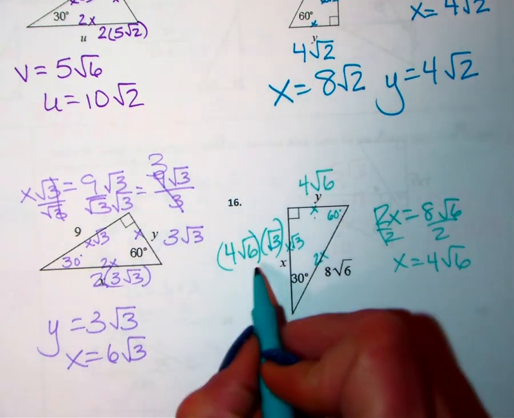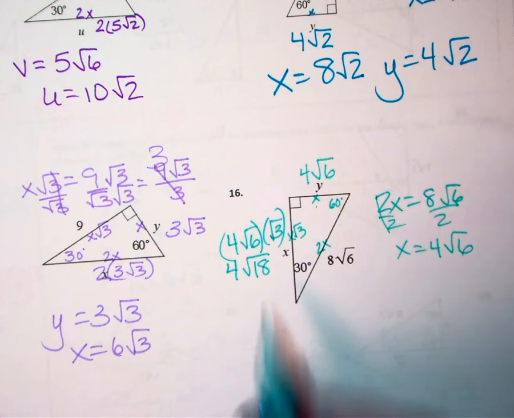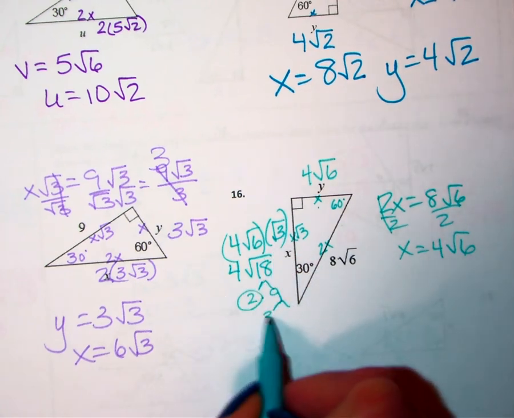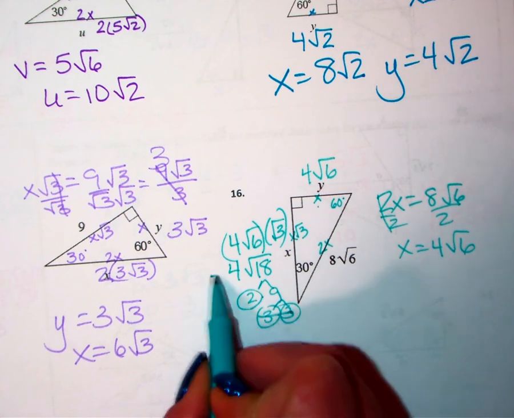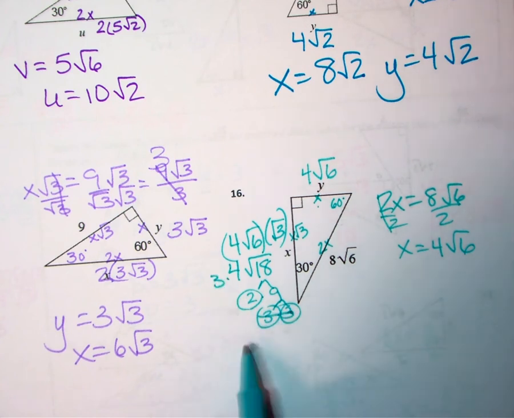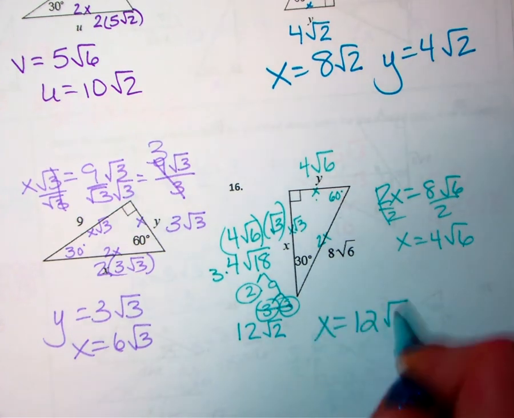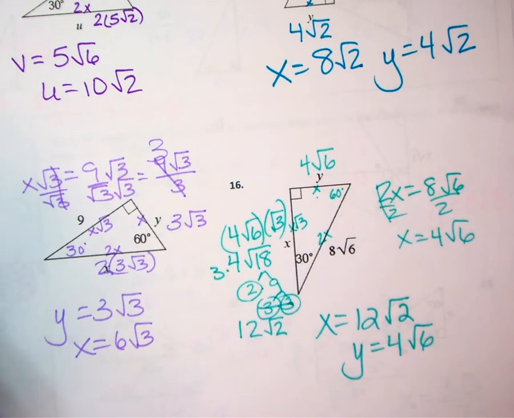Right, so that would give me 4 square root of 18. 6 times 3 is 18. They're both under the radical. And then do your simplifying. 3 can come out of there. Multiply by the 4. So 12 square root of 2. Okay, so x is my 12 square root of 2. Y is the 4 square root of 6 that I found to start with.